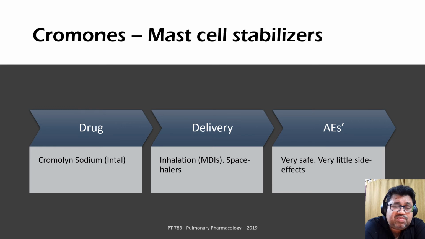Therefore, it leads to bronchoconstriction if the mast cells break down. The cromone drug will prevent the mast cell from breaking down, and that is why it is called a mast cell stabilizer. The drug is called cromolyn sodium or sodium cromoglycate. Either way you say it, the drug is the only one on the market in this category.